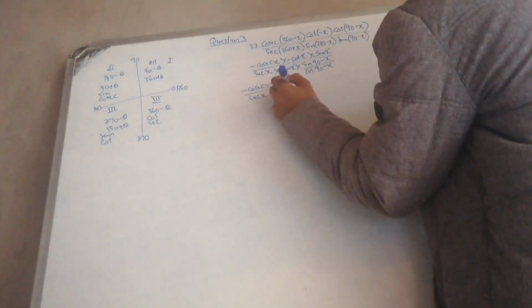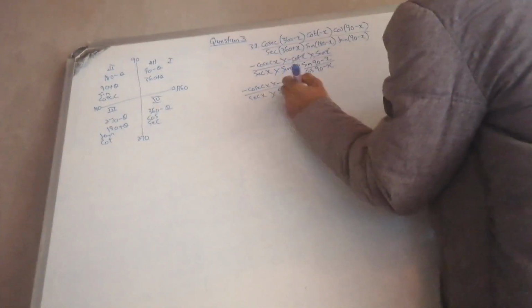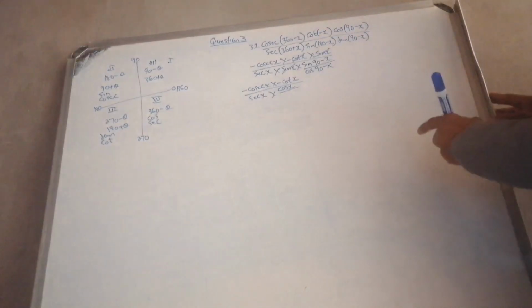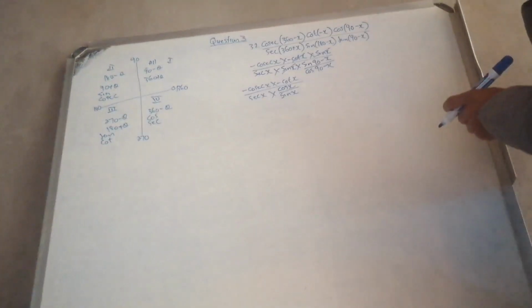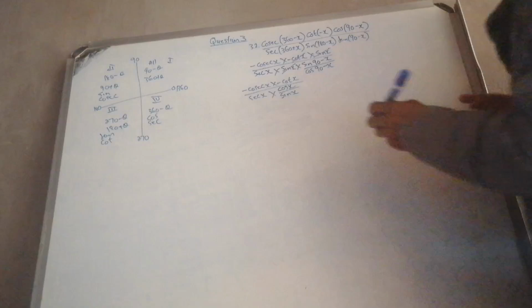Let's say cos x, because this is the first quadrant, they are all positive. Let's also say the name changes from cos to sine. Please, let's do it in this way. And then let's say negative times negative is a positive.